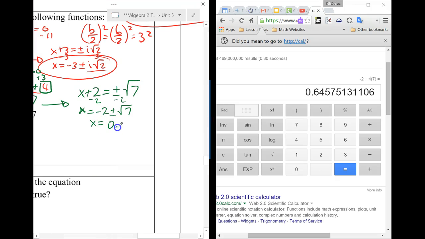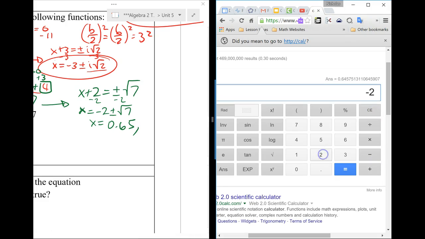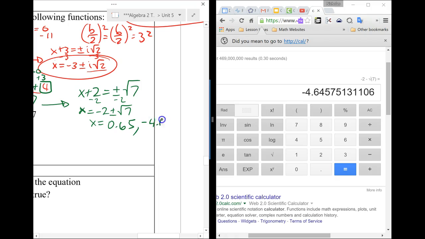So the first solution will be 0.64. Actually, let's round that to the nearest hundredth, so it'll actually be 0.65. And then the next one will be negative 2 minus the square root of 7, which is negative 4 point, rounded to the hundredth, 4.65. Okay?